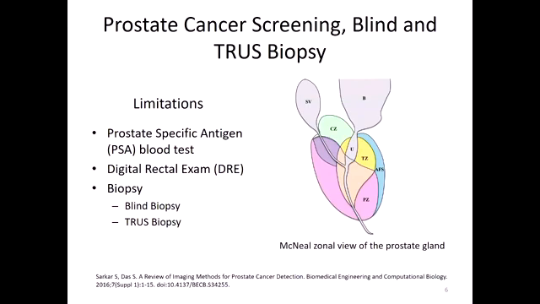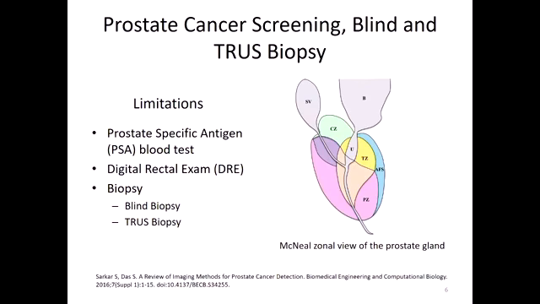Okay, so let's talk about the screening methods and the blind and TRUS biopsy methods and some of the limitations. The prostate-specific antigen blood test has been shown to be quite variable. Even among two patients that have the same cancer level, we can get different levels, and on repeated visits, the levels may vary, so it is not as accurate as one would like.